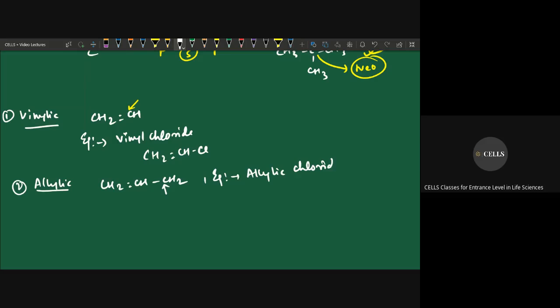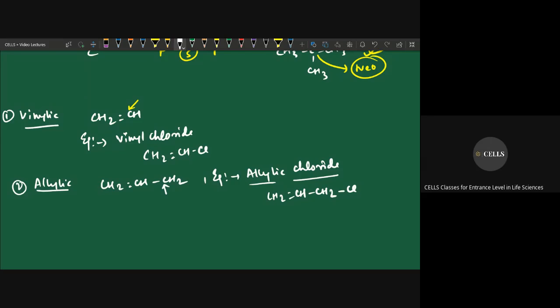Please write along with me, that will be really helpful for you guys. CH2 double bond CH, CH2. This is the allylic carbon. Then Cl. This is allylic chloride. This is vinylic chloride. Okay.